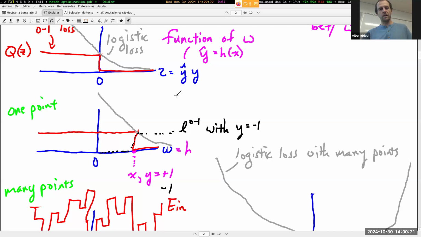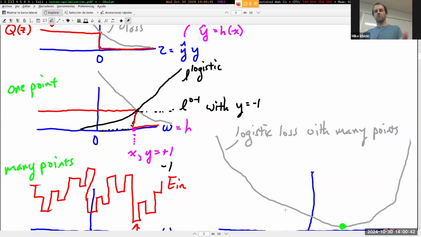And then the logistic loss is a surrogate of that and looks like this. That's L logistic right here. And so depending on the data points, whether they were +1 points or -1 points, you'll get the slope going in different directions.